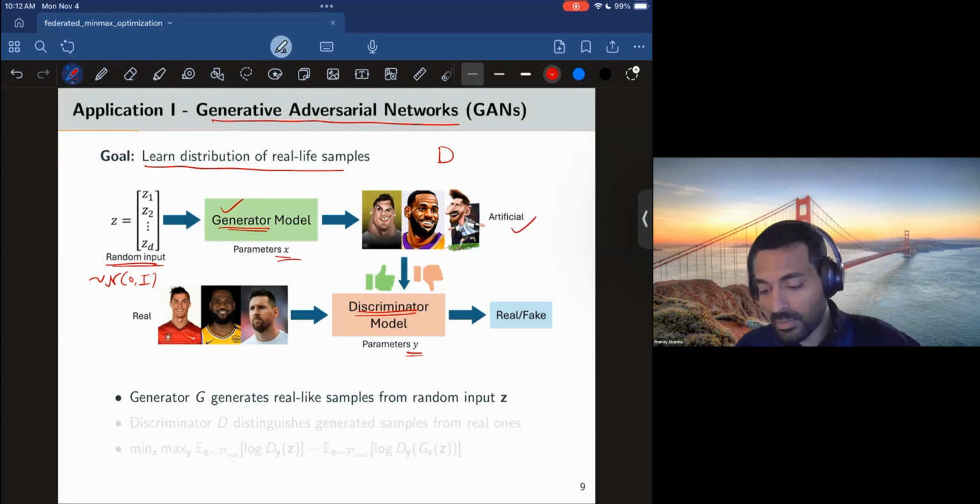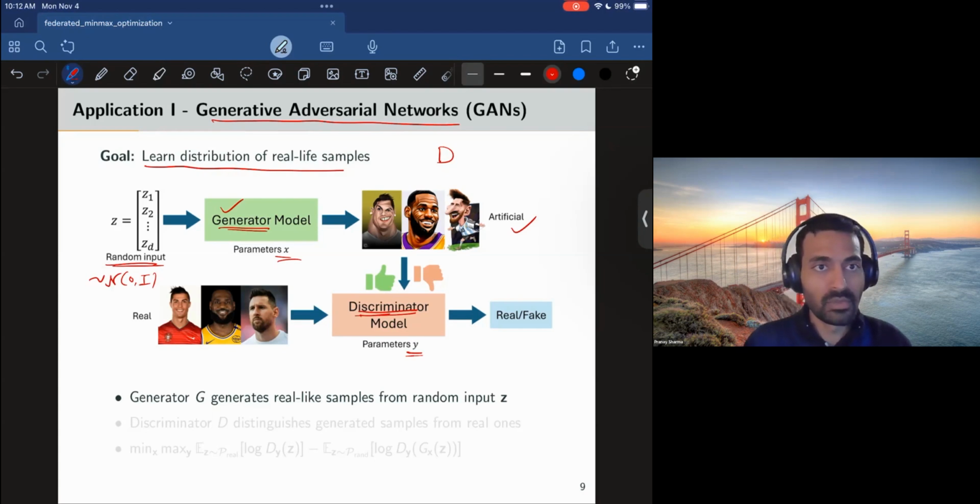On the other hand, the discriminator, as the name suggests, is supposed to discriminate between two things. And what are the two things it discriminates between? It takes two sets of inputs. The first set is the artificial data generated by the generator, and the second set of inputs is some real data. So it takes as input the artificial data generated by the generator and the real data, which comes from some real life distribution.